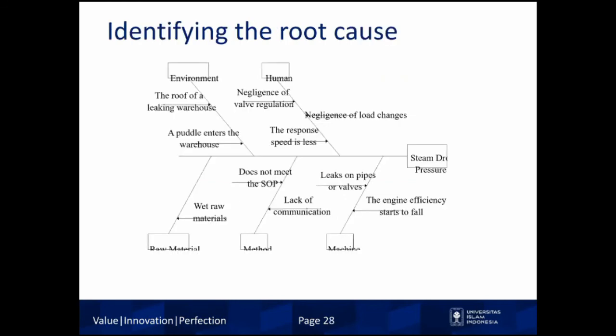Okay, and then what we do next is we need to find the potential root causes for each high degree risk. This is an example of why we do that. Yeah, here is the potential risk. Okay, and then we find the category of the root cause.